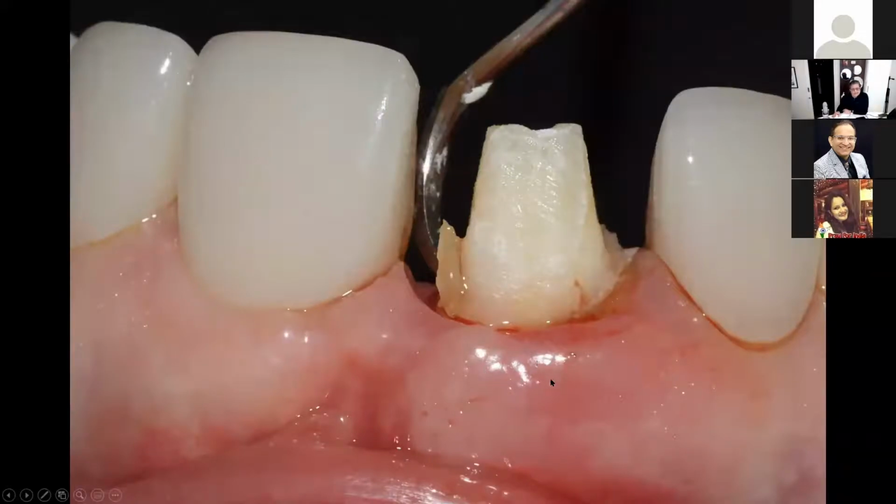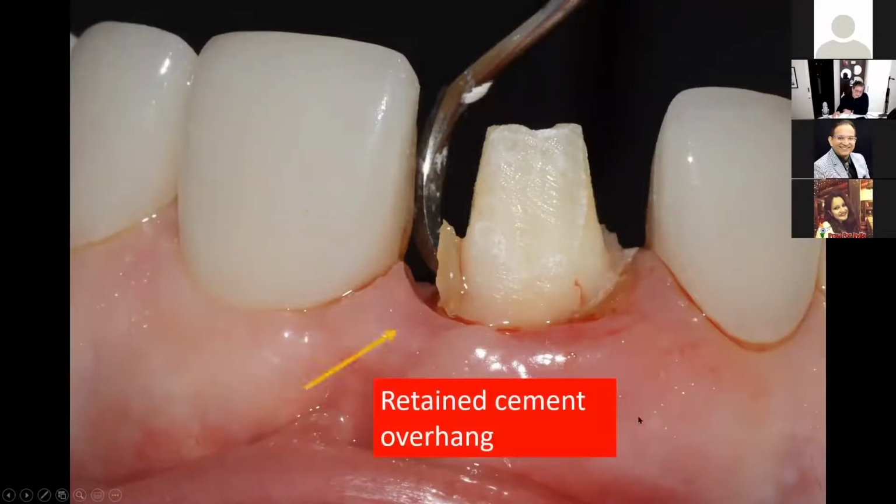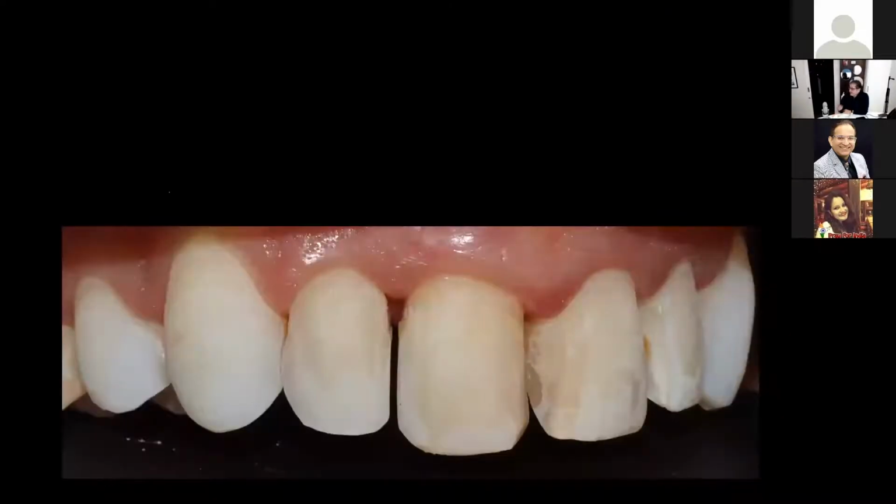And again, I haven't got a photo of the temporaries, what they were like. But I'm showing the problem, and this is a serious problem. So when I come back to these procedures, the idea is to remove these cements.